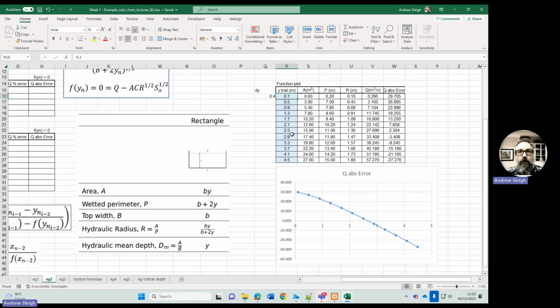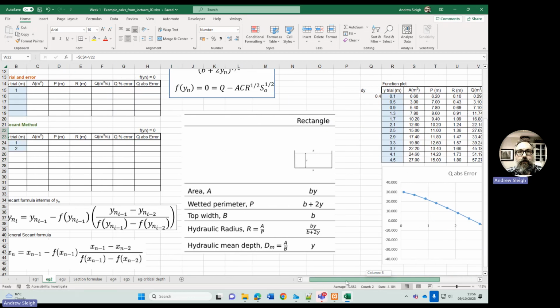So I've started at 0.1 and gone up to 4.5. We plot this function here. We see it crosses the x-axis at this point, about 2.6, somewhere below 2.9 and 2.5. We see that it crosses there, and that's the value that we're trying to solve with this function. And that's the normal depth.